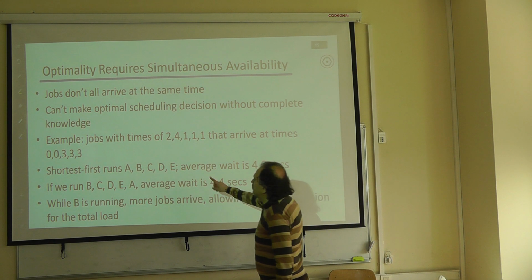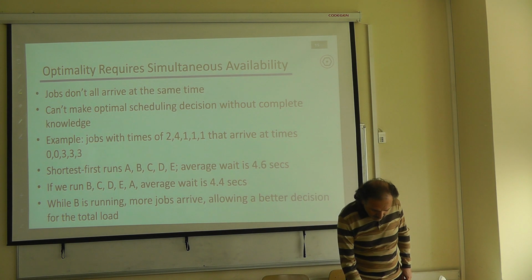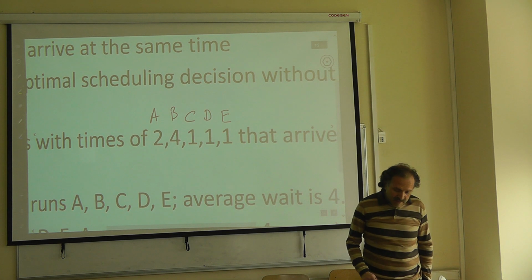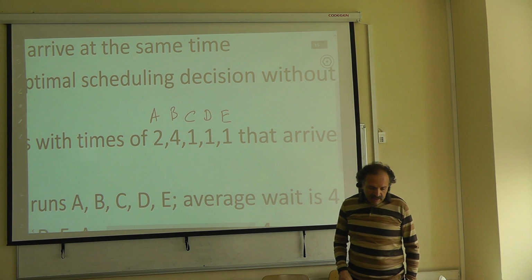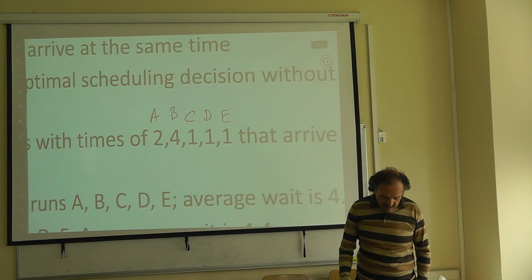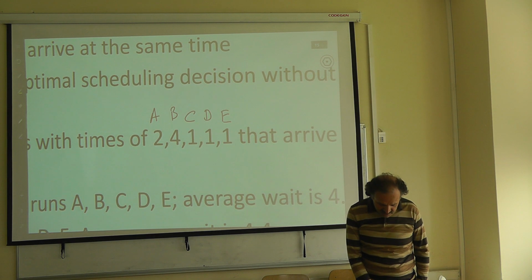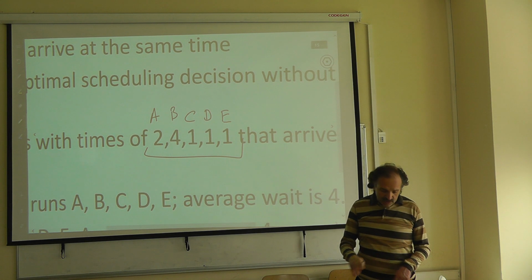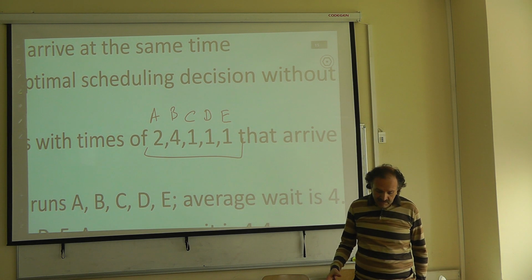For example, I have these jobs. The first job, A, let's say A will take 2 seconds, then B, C, D, and E. A takes 2 seconds, then 4, then 1, and so on. If I have all of these 5 in front of me, then I would say run C, D, E first, then A, then B, right?